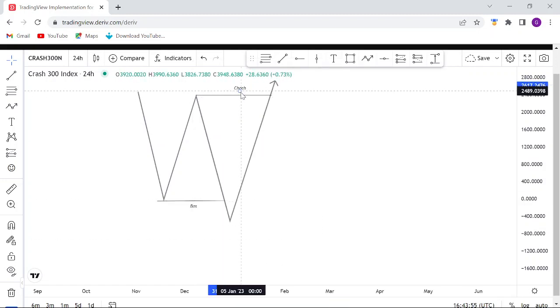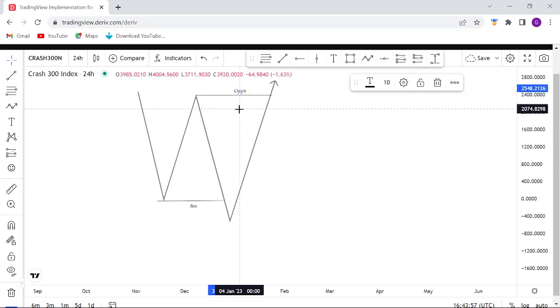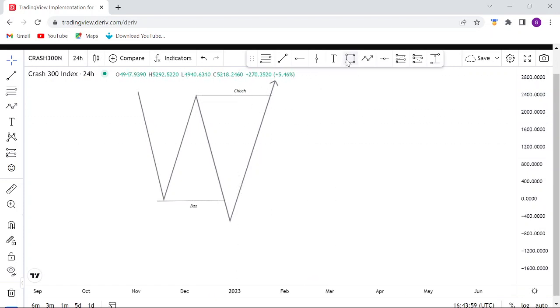Now, after the change of character, this is the strong low.